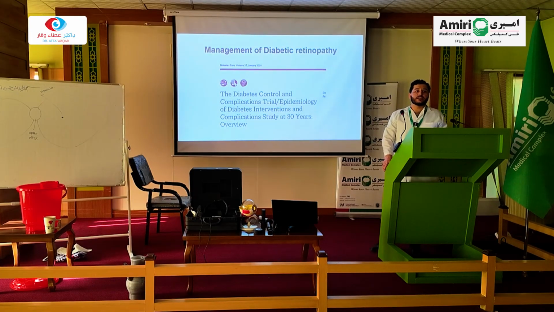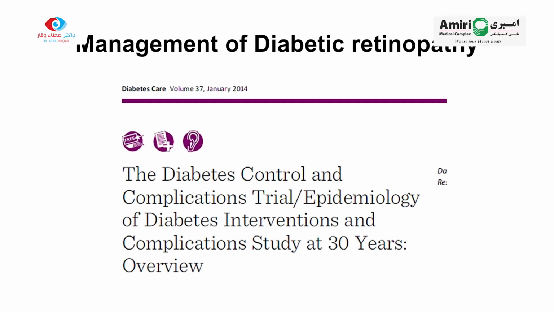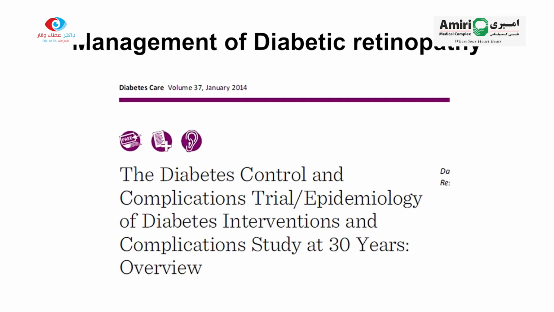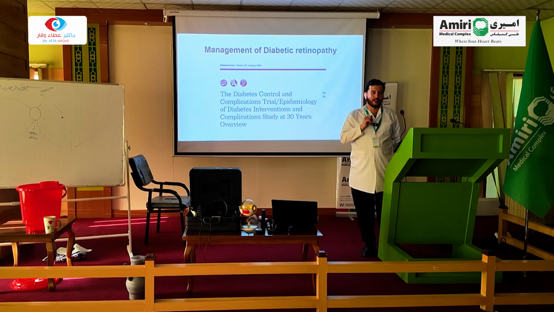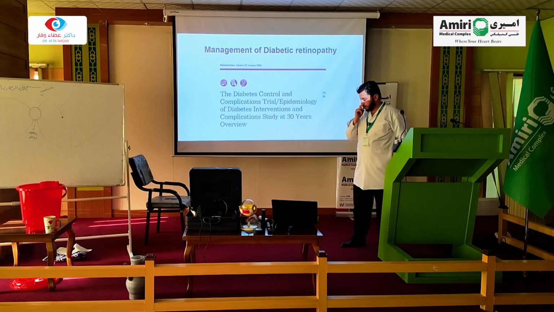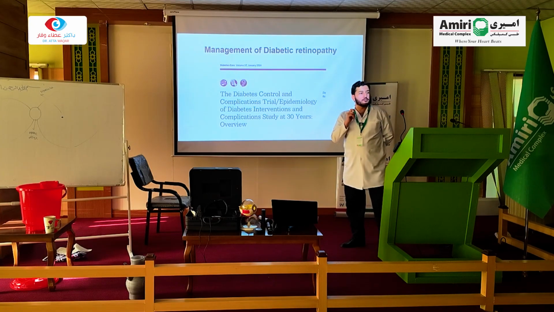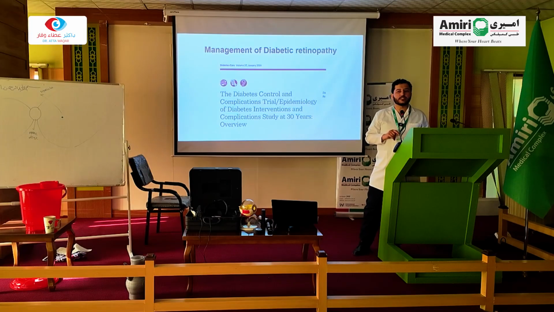We have different trials. One of them is DCCT, the Diabetes Control and Complications Trial, which was done for 30 years. And what was the result or summary of this DCCT?